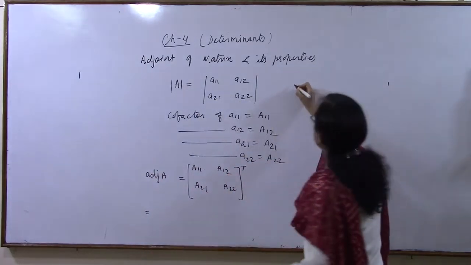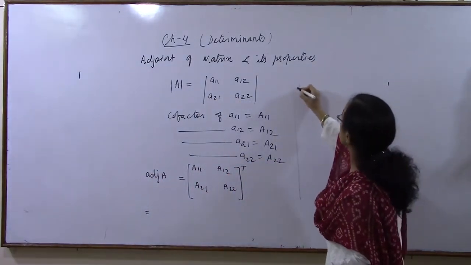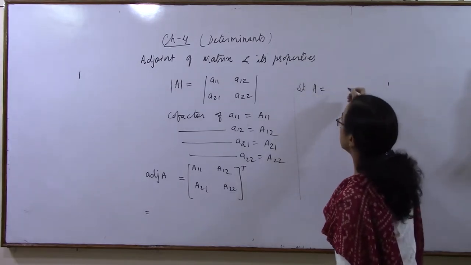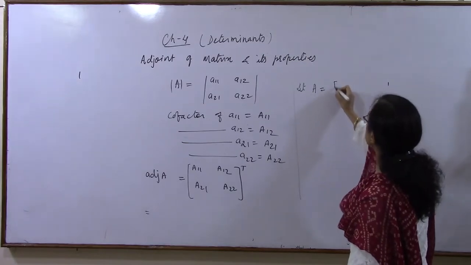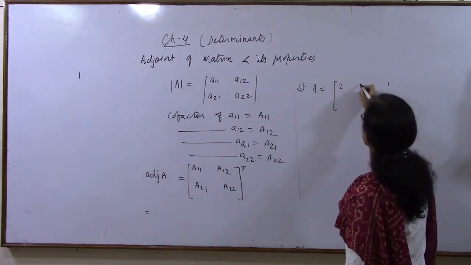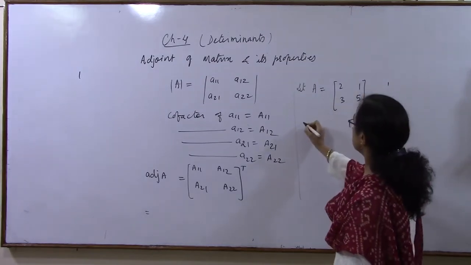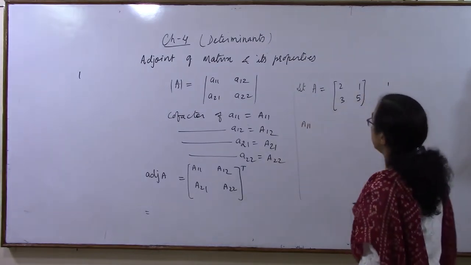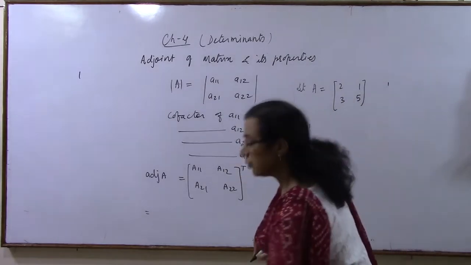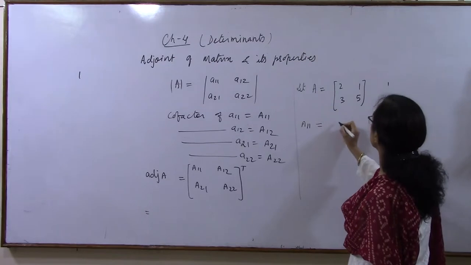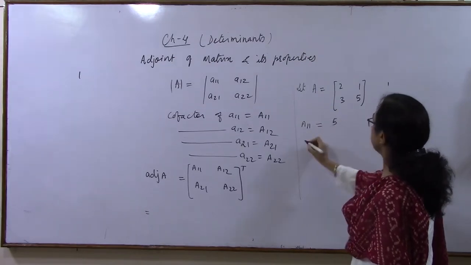Taking an example, let matrix A equal [2 1; 3 5]. Then the cofactor of element a11, that is the cofactor of 2, is 5.